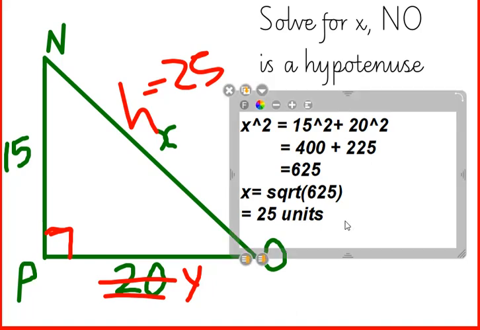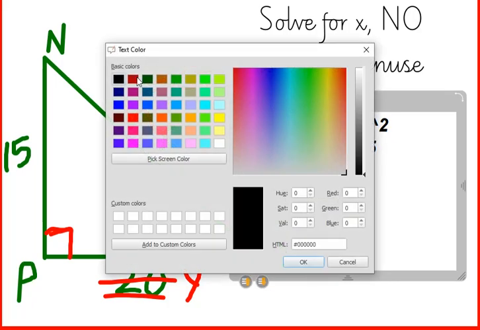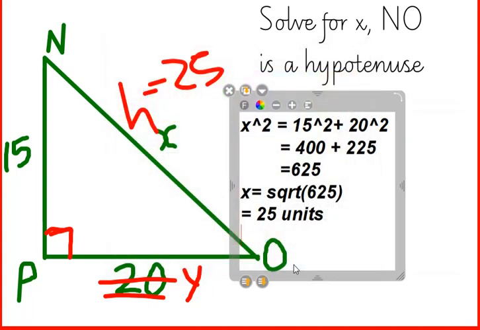I'm just going to write it below. Let me change the color to red since we're working with red values this time around. We're going to say 25 squared, because that's our hypotenuse, is equal to 15 squared plus y squared, because we don't know what y is.